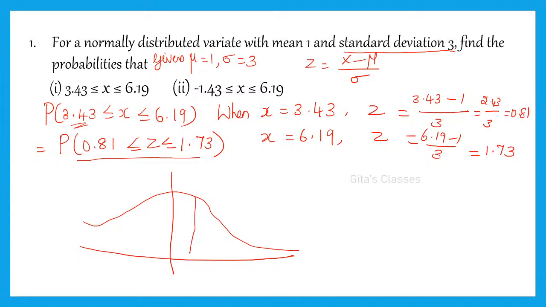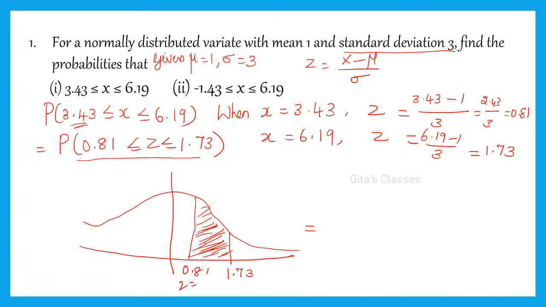So 0.81 is somewhere here, z equal to 0.81, and here 1.73. So what is the area we need? This is the required area. How will you find it?